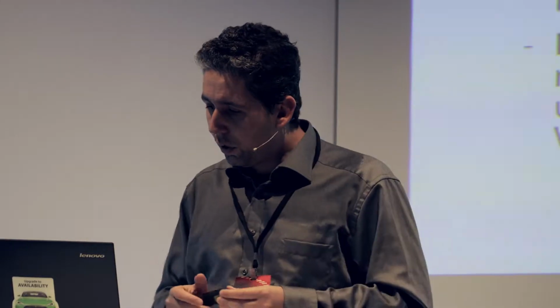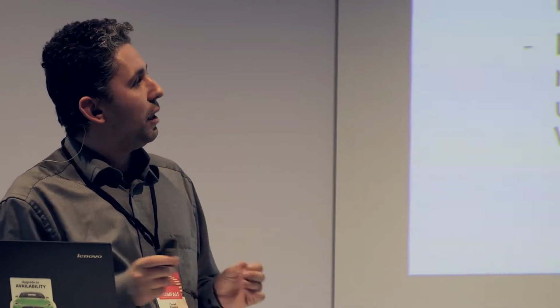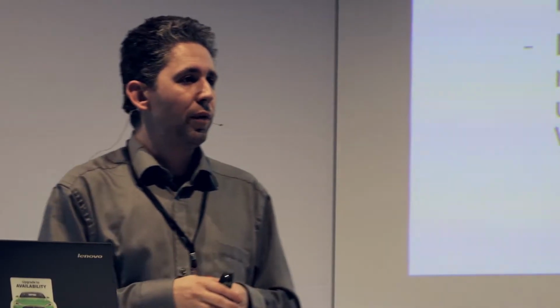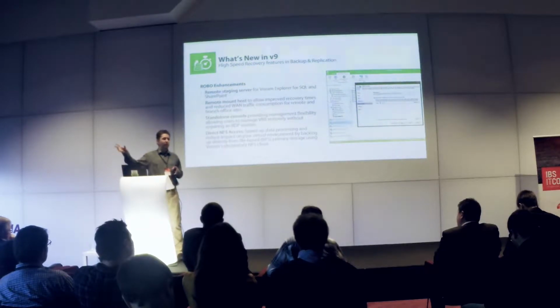And also enhancements for remote offices and environments where you have a distributed architecture for Veeam. When you need to recover with an Explorer, for example, data that is in another site, what we do in version 8 is mount that file to the backup server.